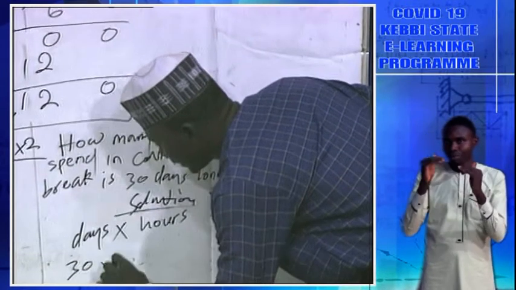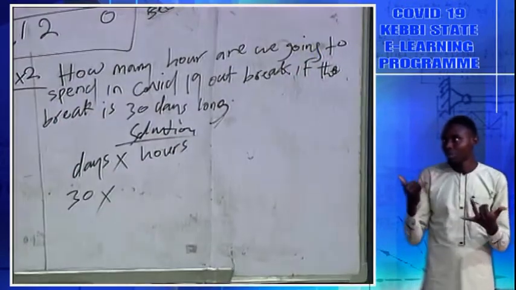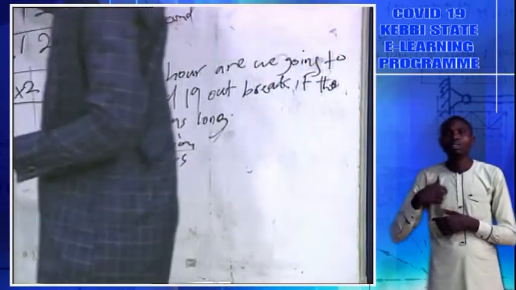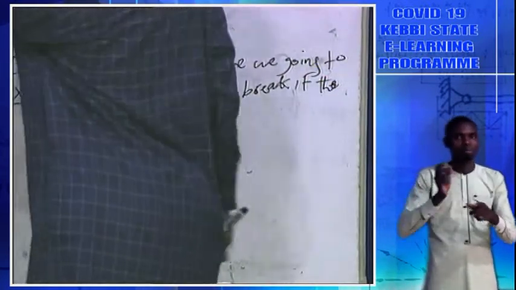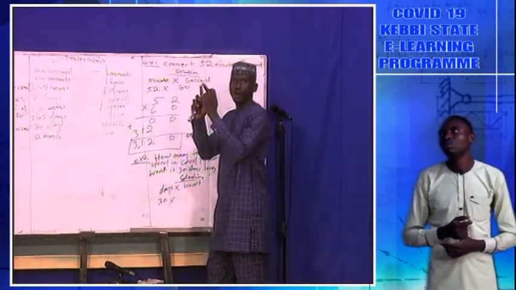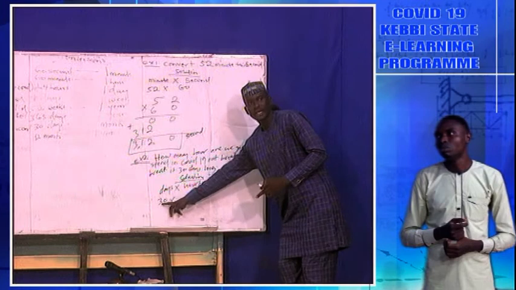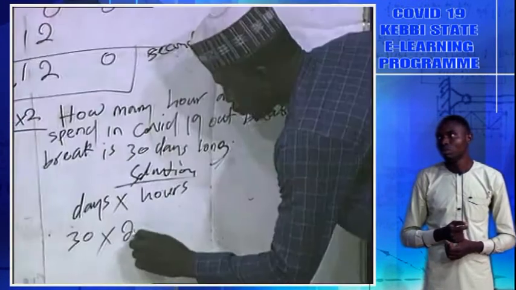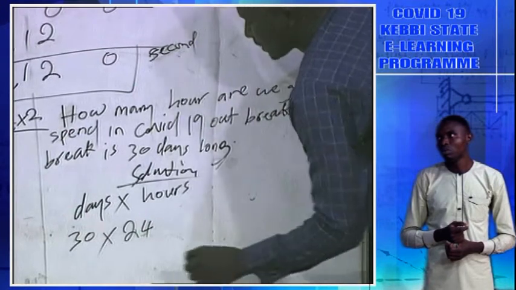Therefore, it's 30 times how many hours do we have for the whole day? Coming back to our conversions, we have 24 hours in only 1 day. So we are dealing with 30 days. Therefore, 30 days times 24 hours.